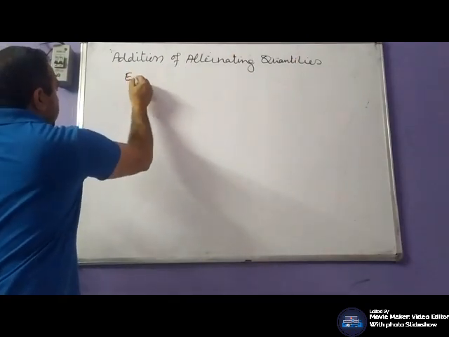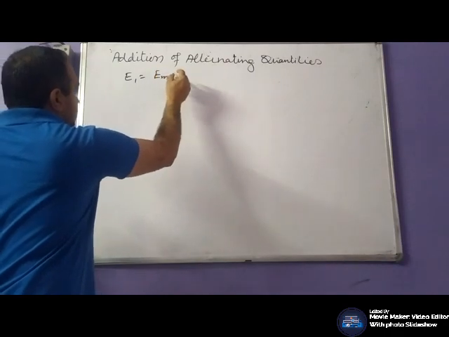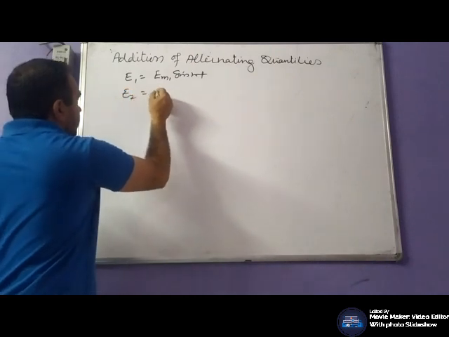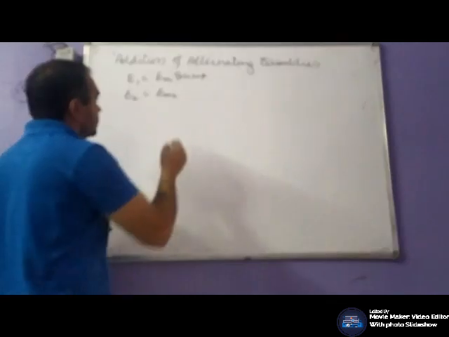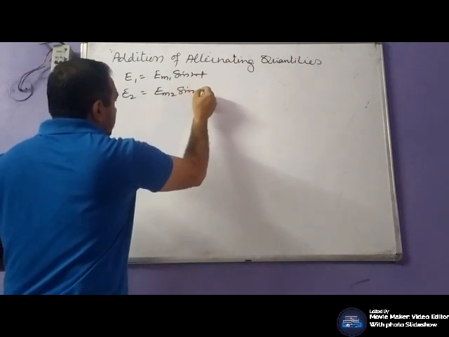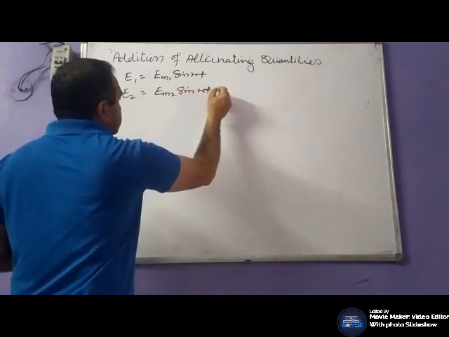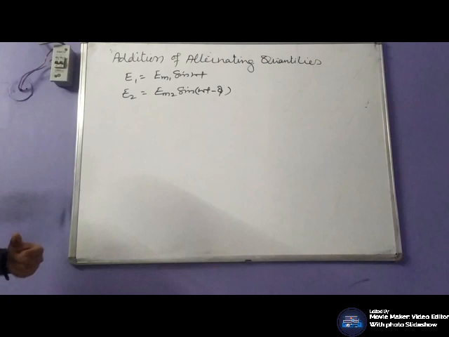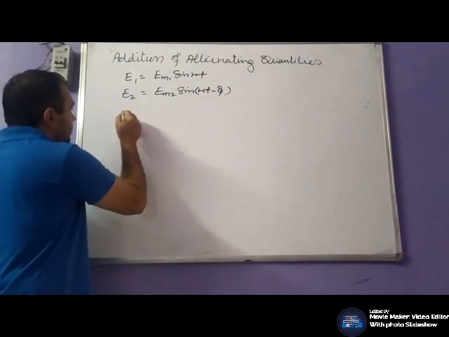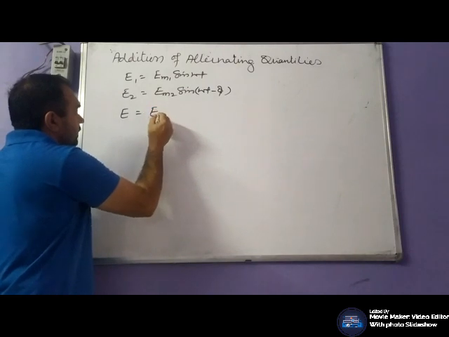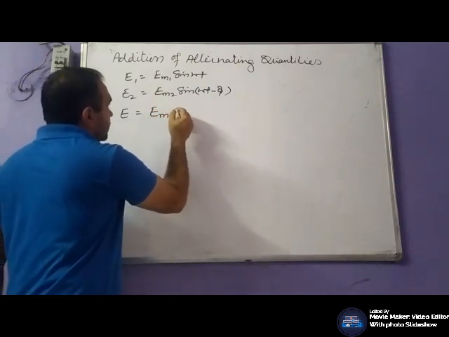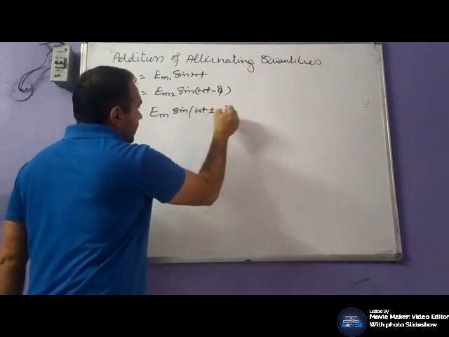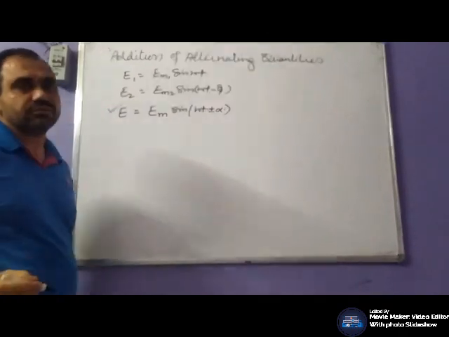Let E1 be Em1 sine of omega t and another Em2 sine of omega t minus phi. For example, you have to add these alternating quantities. What would be the resultant? Resultant would be Em sine of omega t plus or minus some angle alpha. This result we have to find.